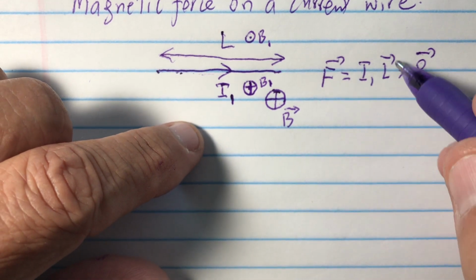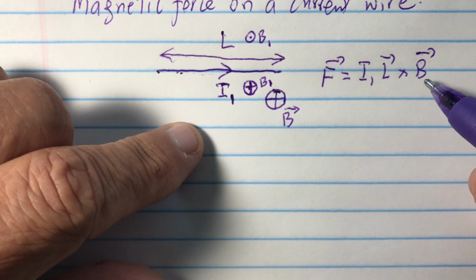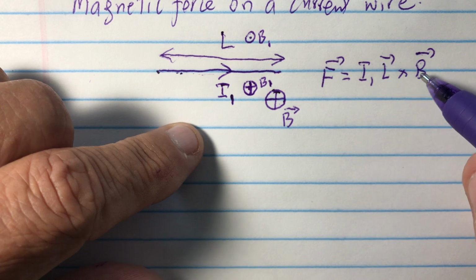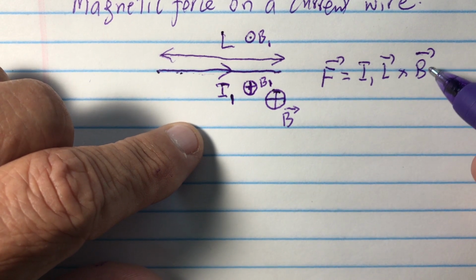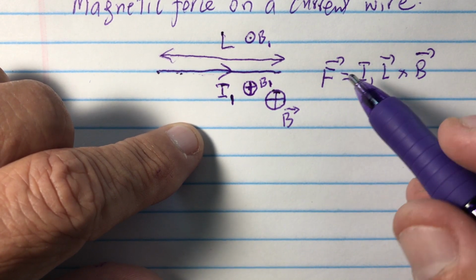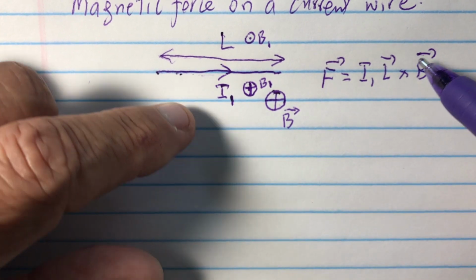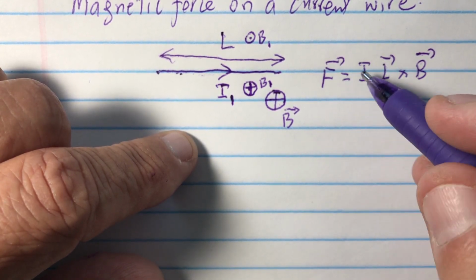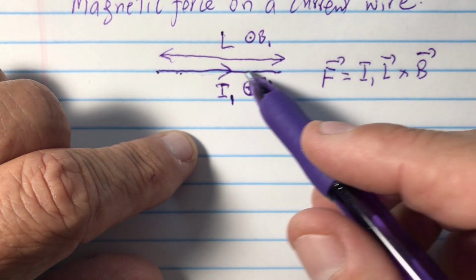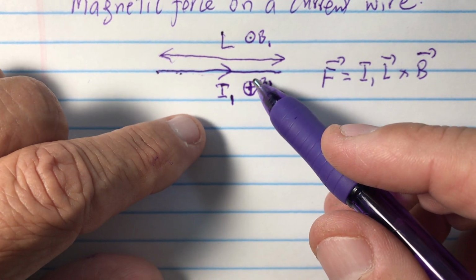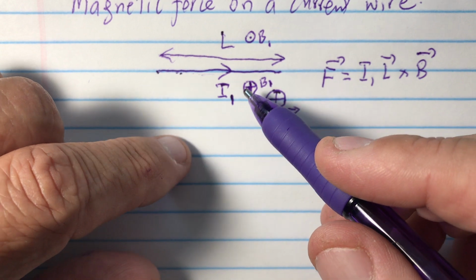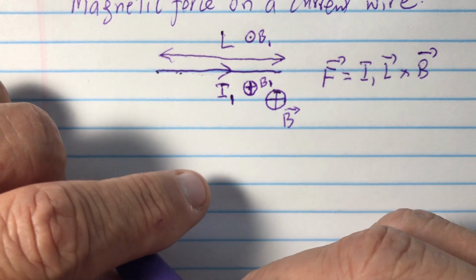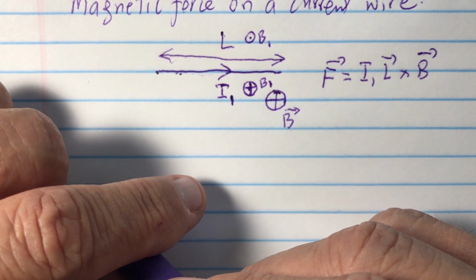Now here in this force, we have to put the B field B, not B1, because this B is an outside B field where we put the current in it. Now we need to know the direction of this force, which way the wire is gonna feel the force. Now, you use the right hand rule.